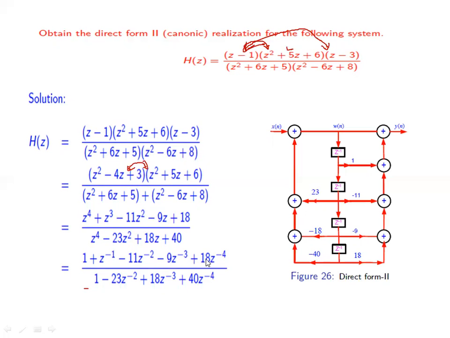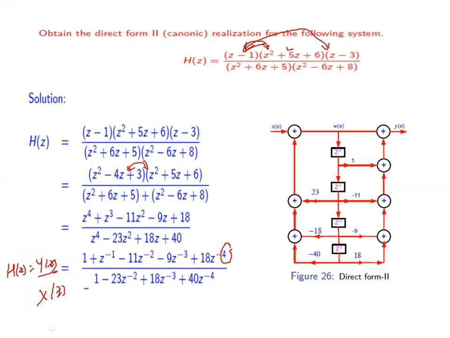As we know, the total delay elements required are 4, that is z minus 4 is there. So 4 delay elements we have taken. So h of z equals y of z by x of z.